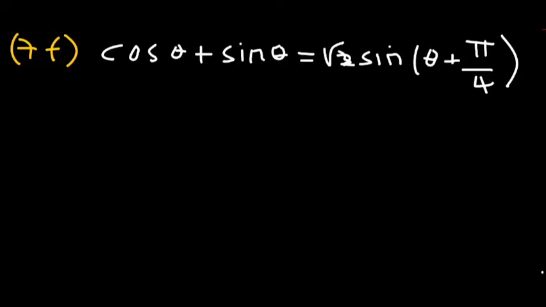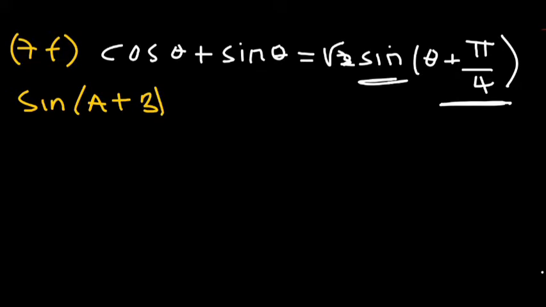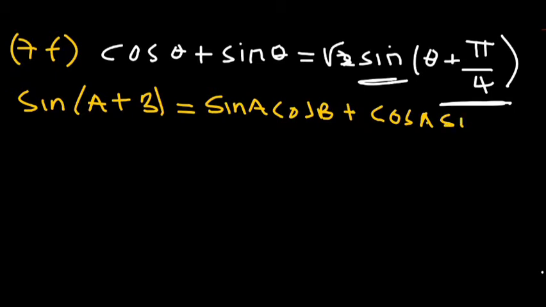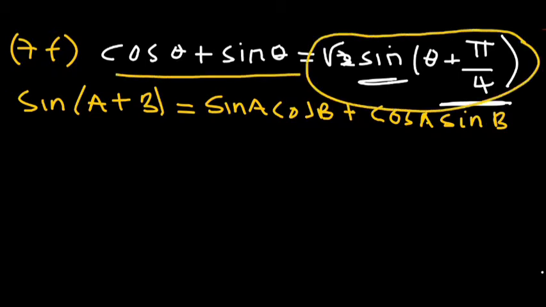When you see there is addition and there is sine there, we're going to use this identity: sin(A plus B) is equal to sin A cos B plus cos A sin B. We are going to use this part to derive this part.